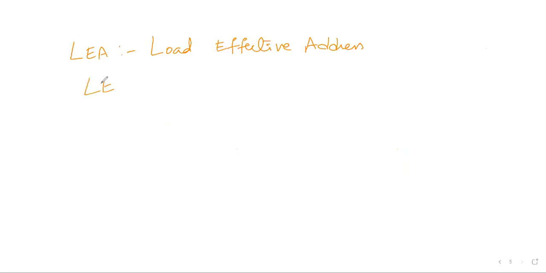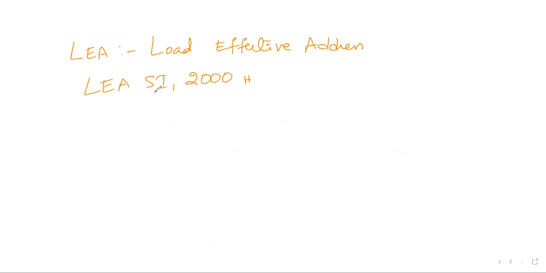For example, LEA SI, 2000 hexa. Then what happens?